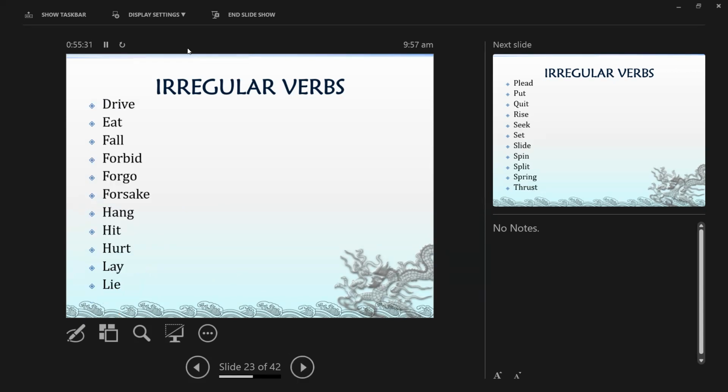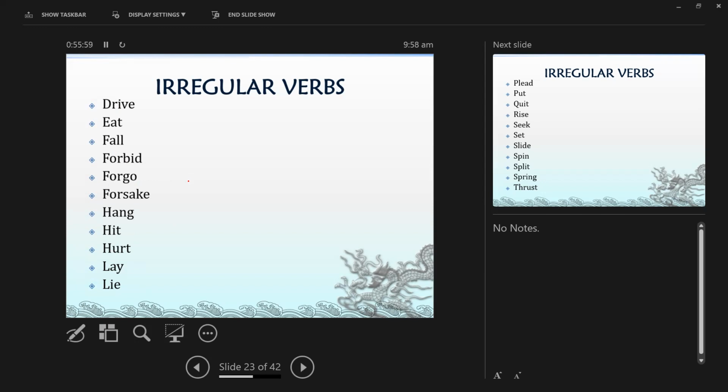These will be included in the handouts later, so you don't need to take a picture of these. But these are all examples of irregular verbs. Umulit yung drive. Eat, ate, eaten, eaten, fall, fell, fallen. Forbid, forbidden. Forgo, forgone.